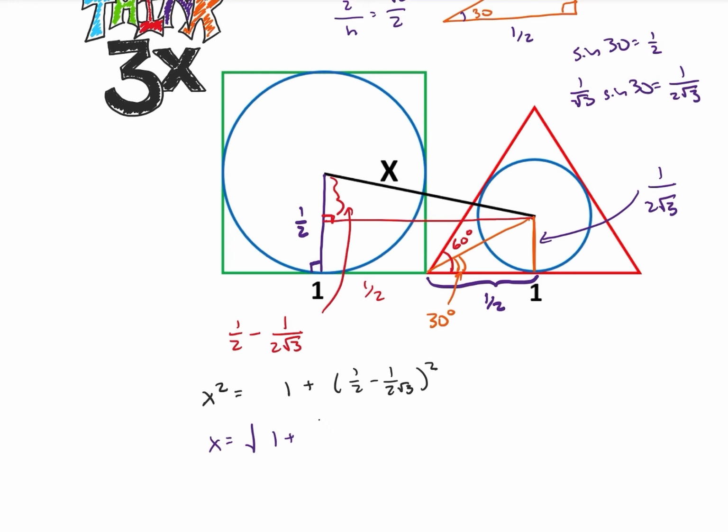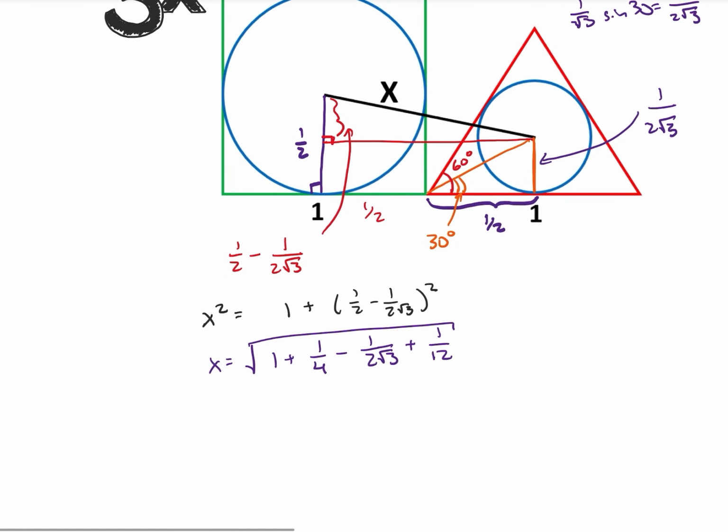So we're going to get 1/4 minus 2 times 1/2 times 1 over 2 √3, so we're going to get 1 over 2 √3. And then we're going to get plus (1 over 2 √3) squared, which is going to be 1 over 12. All right, so I can go ahead and add some of these together.